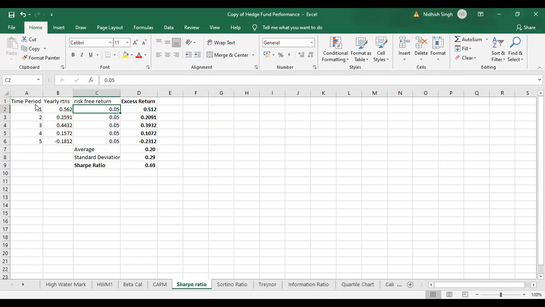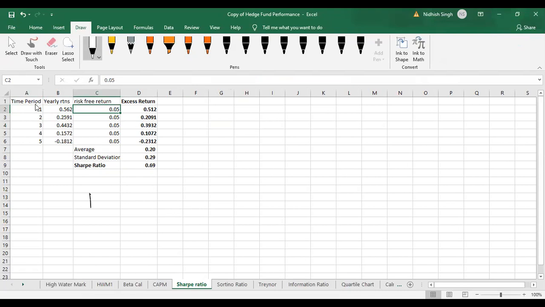We know the CAPM basically starts with the required return, and these are numbers quite important for hedge fund professionals and hedge fund managers.